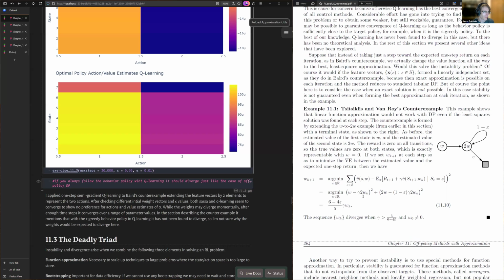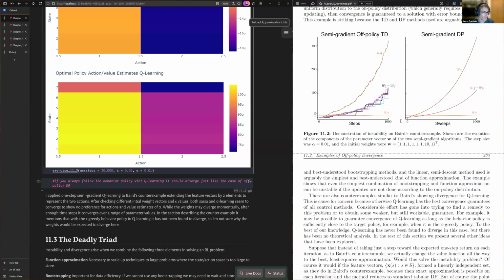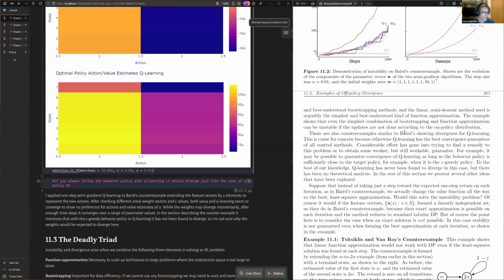But I'm kind of suspicious about this question because they say counterexamples similar to this show divergence for Q-learning, which makes me think that this example doesn't diverge with Q-learning.